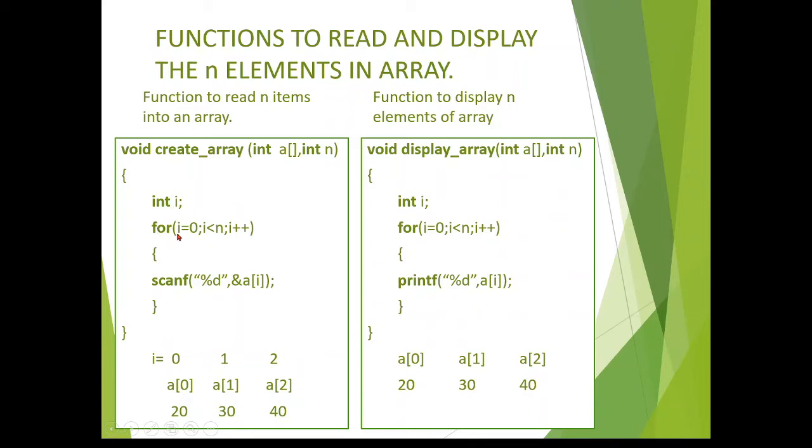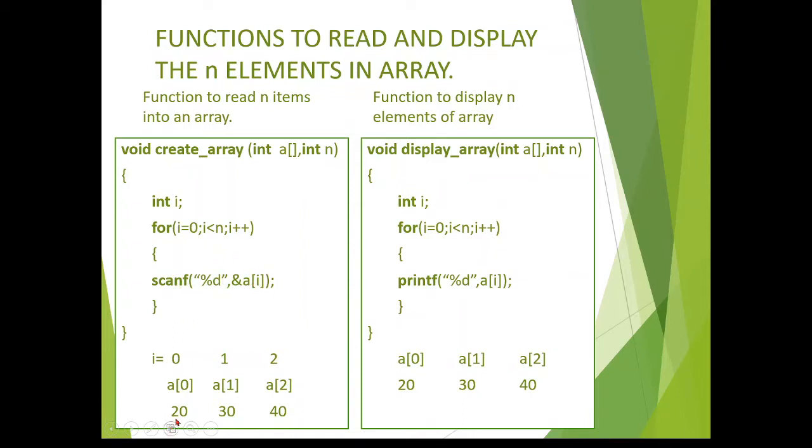Initially we have given i as 0, the condition is i less than n, and we increment i. As we have taken n value as 3, initially the i value is 0, and 0 is less than 3, that is true. So it comes to the statement of the for loop, and it takes the elements into the array.